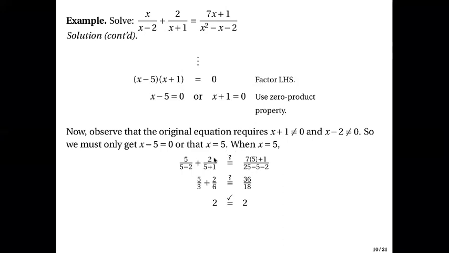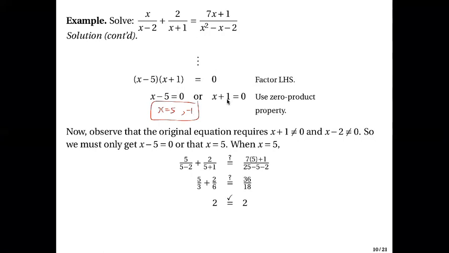That's how important checking is. Some students, they will stop at this. Then they will say, oh, x equals 5, x equals negative 1. And then they will box that. Poof, they will get deductions. Because again, this negative 1 here won't be a solution.